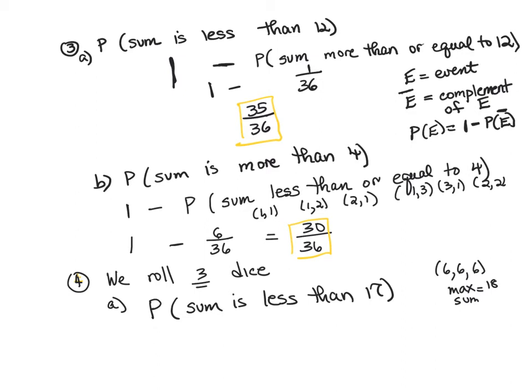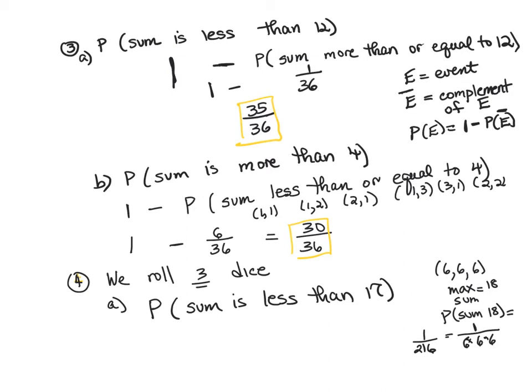The probability of rolling the maximum of 18, using the counting principle, the number of elements in the outcome set would be 6 for the first, 6 for the second, 6 for the third, and we multiply. So the answer would be 1 out of 216. That would be the probability of a sum exactly equal to 18.